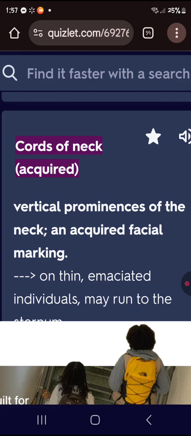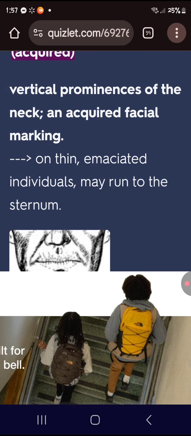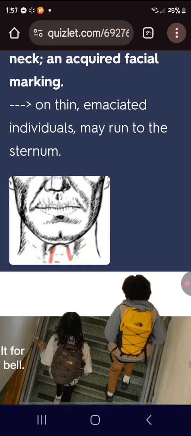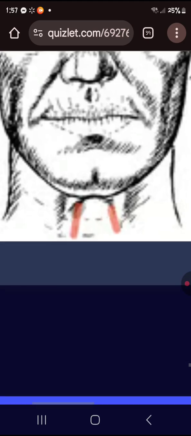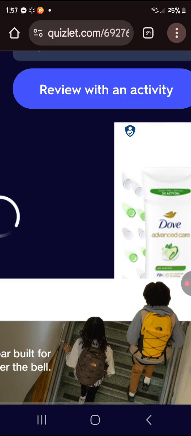Cords of the neck are vertical. It's not getting strangled. Cords of the neck on thin, emaciated individuals may run all the way to the sternum. There they are. And that's it.